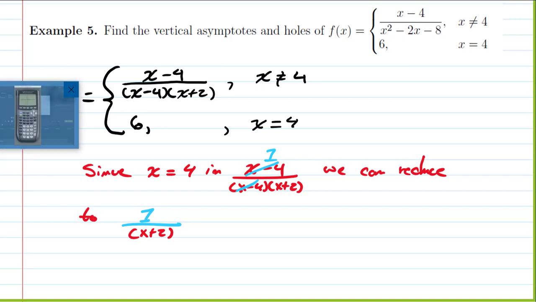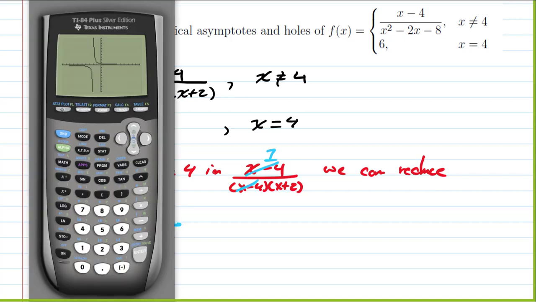So we'll notice something very interesting happens. So we've graphed this one. Let's also graph 1 over x plus 2.